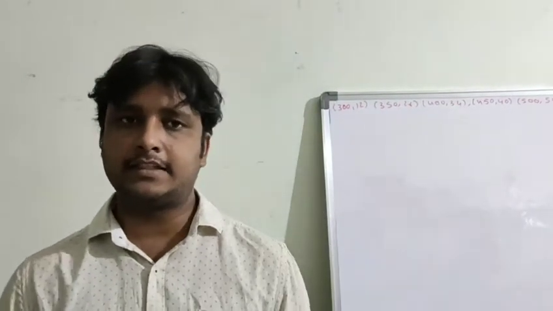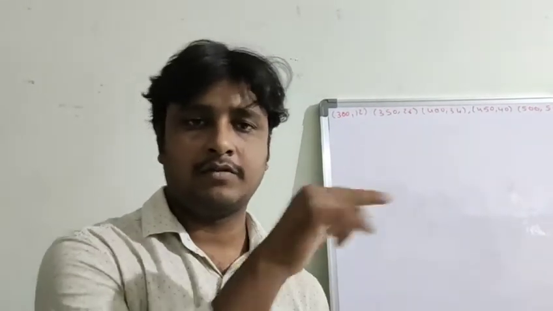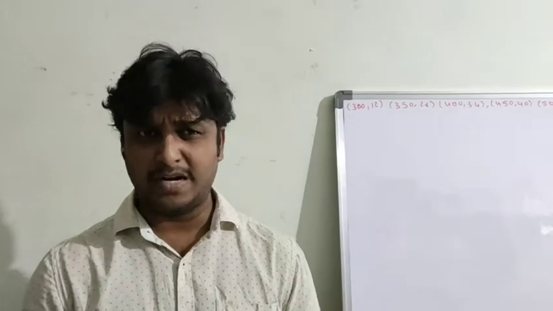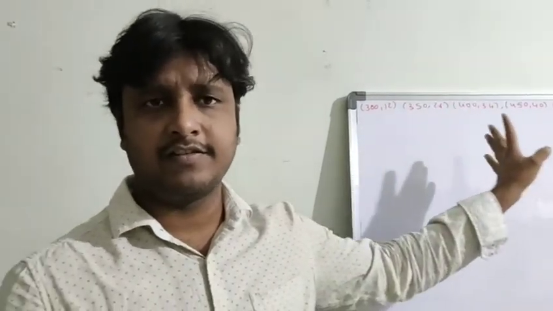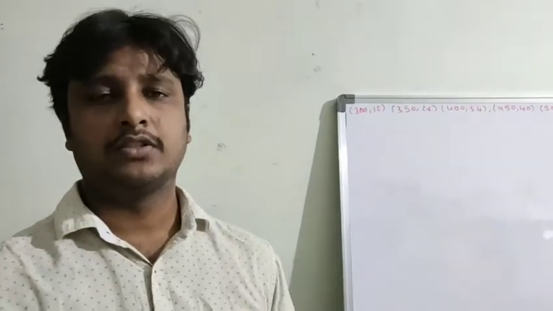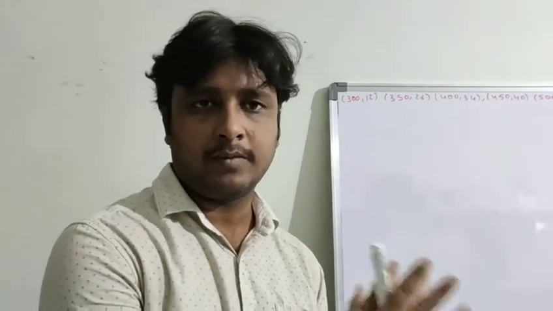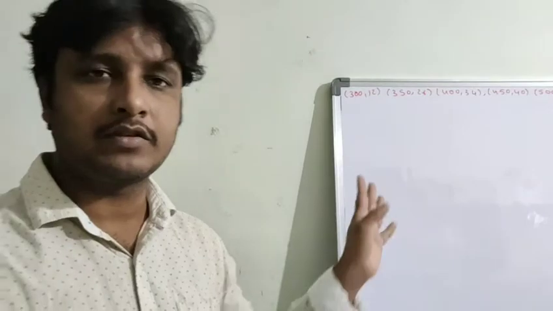First, labeling: x-axis, y-axis, XOX dash, YOY dash, and the origin. I will take only the first quadrant, because the entire graph lies in the first quadrant.